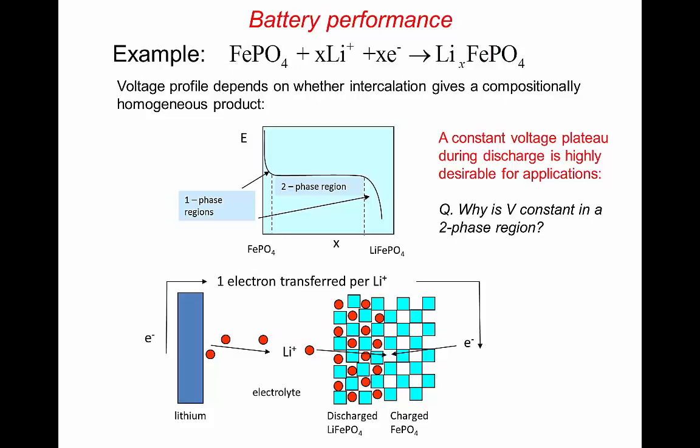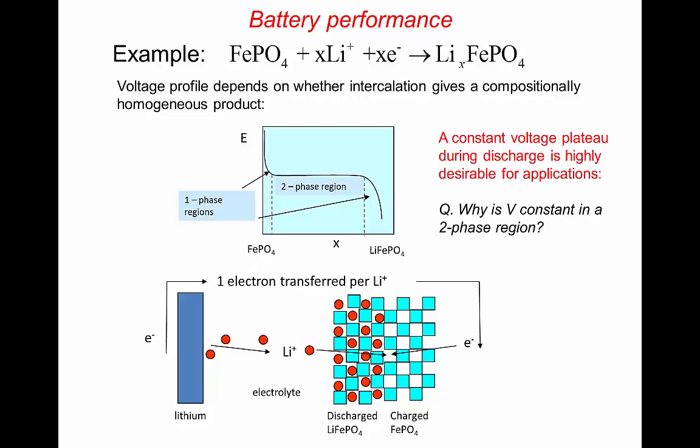And basically the voltage profile depends on whether the intercalation product is compositionally homogeneous, because we want to have a constant voltage plateau. And the question is, does the composition LixFePO4 change continuously and homogeneously during discharge or not?